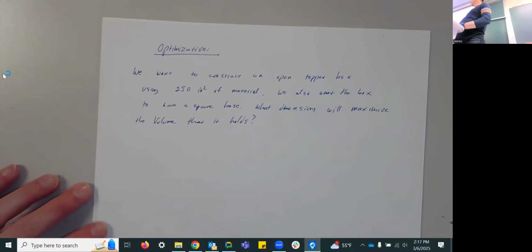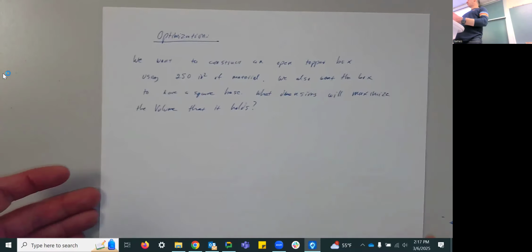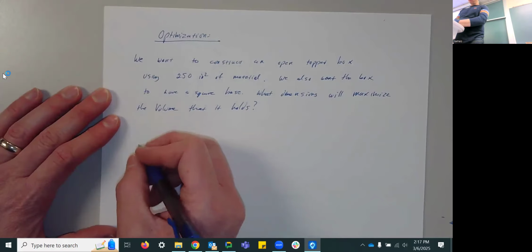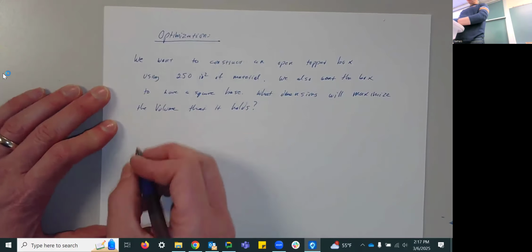Usually for an optimization question, I like to start by drawing a picture of the thing. So we're trying to construct an open top box. So it's three-dimensional. Here is a couple of silly ways of doing it.